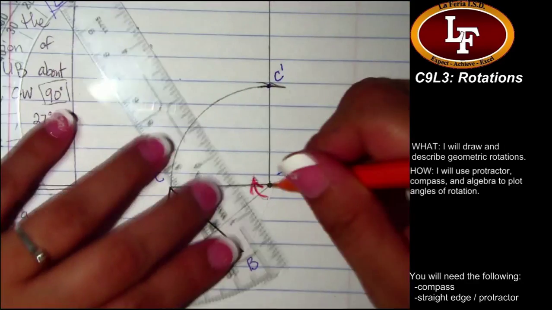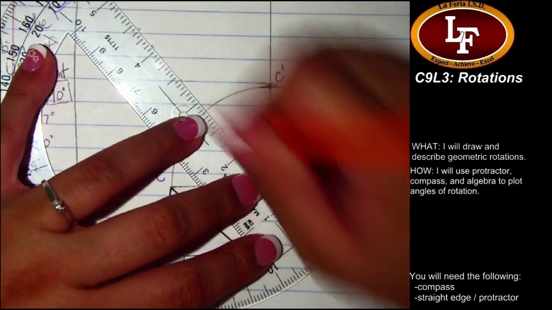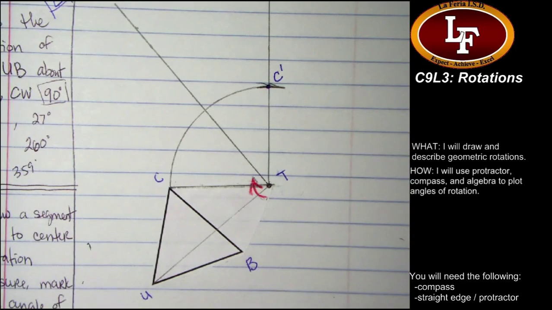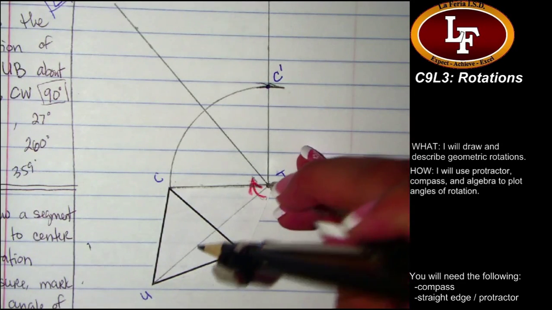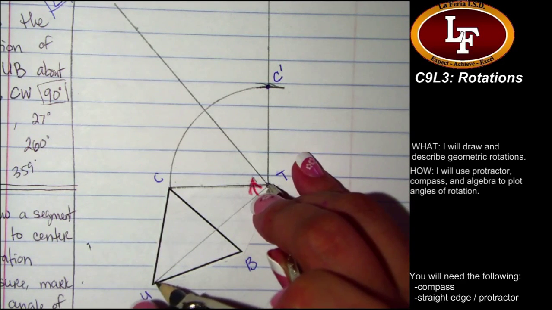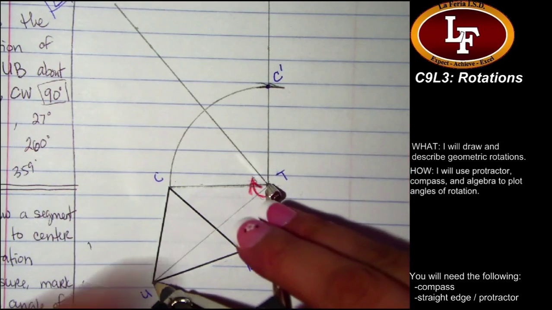Once you have that mark, draw out your angle of rotation from your center. Use your compass to measure the distance between the center of rotation and the point that you are rotating. And then draw your arc.